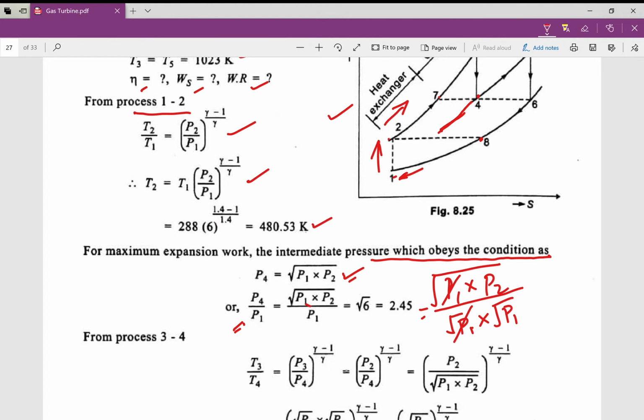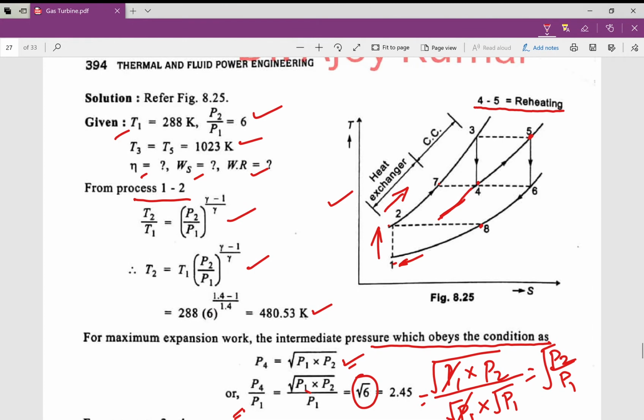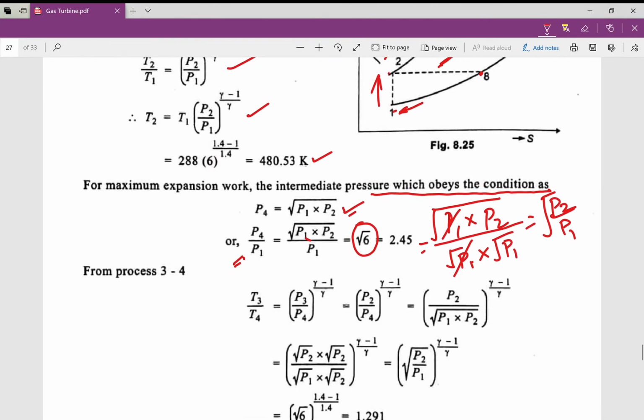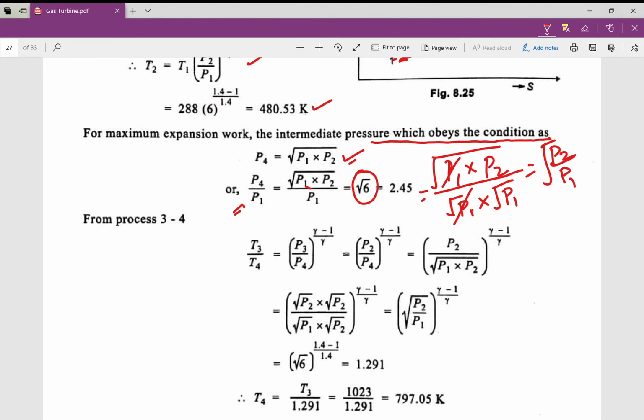So we can write under root of P2 divided by P1, and this P2 upon P1 is given as value 6 over here. So we can write under root 6. So P4 upon P1 is coming 2.45.